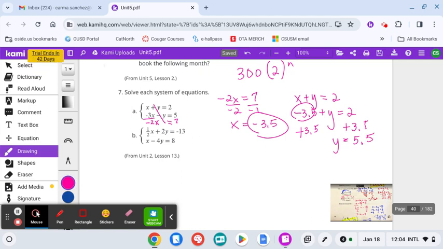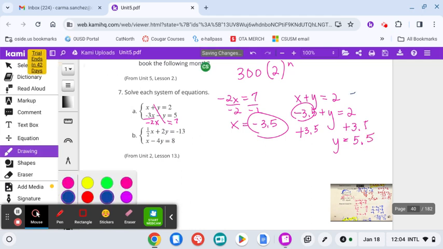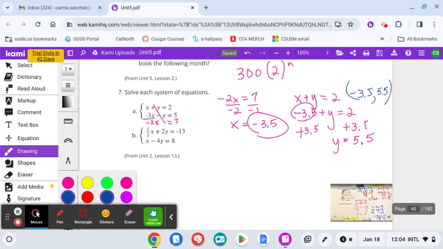So I'm going to write my answer as negative 3.5, comma, 5.5 as my xy coordinate pair for part A. If you had solved it the other way, yes, it would still work out and you would still get the same answer. Hope that worked for you.